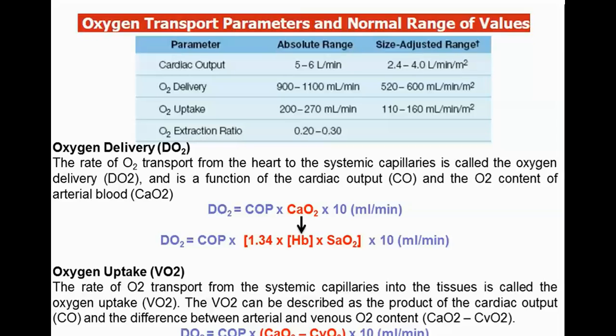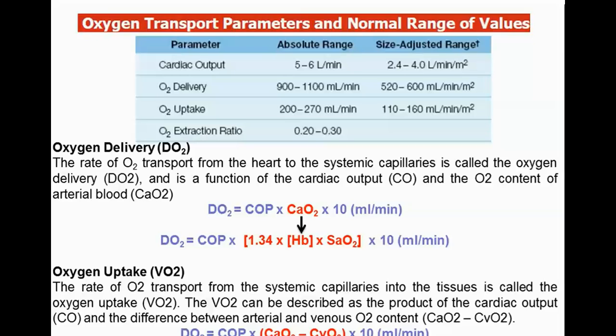What is oxygen delivery? It is the amount of oxygen delivered to the tissues. How does oxygen delivery differ from oxygen content? The oxygen content is per fixed amount of blood: a deciliter, 1 liter, 5 liters of blood.